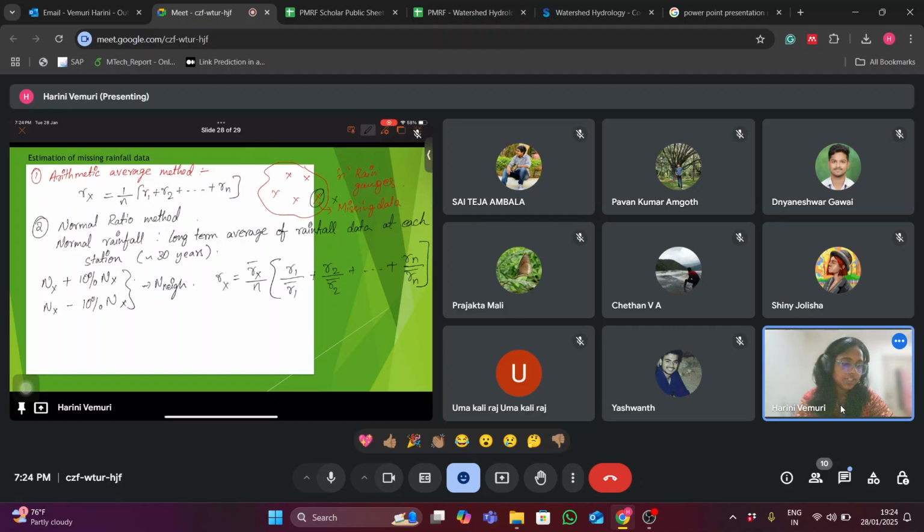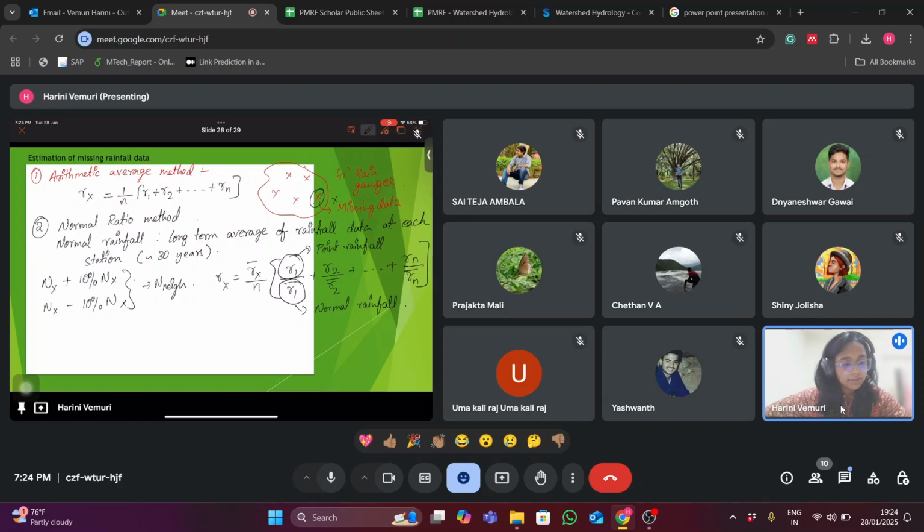We have n neighbor stations, and R bar represents the normal rainfall, and R represents the point rainfall data, that is, rainfall that occurred in a particular time step at a particular station.